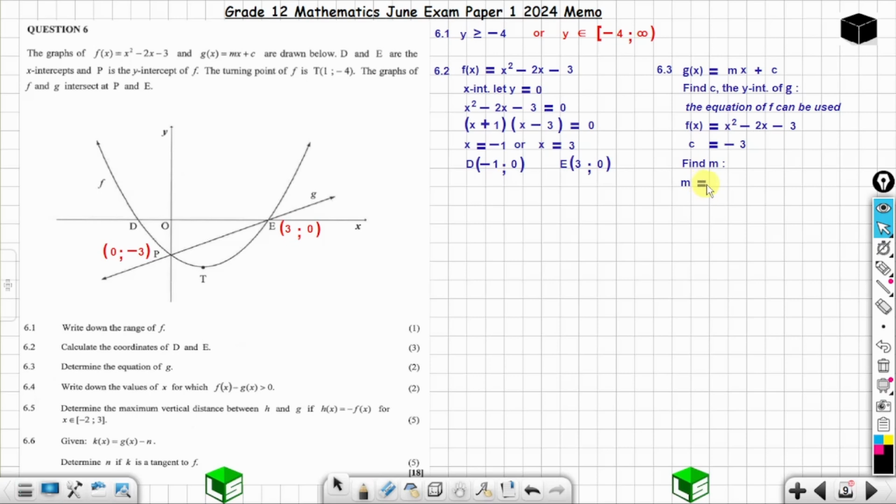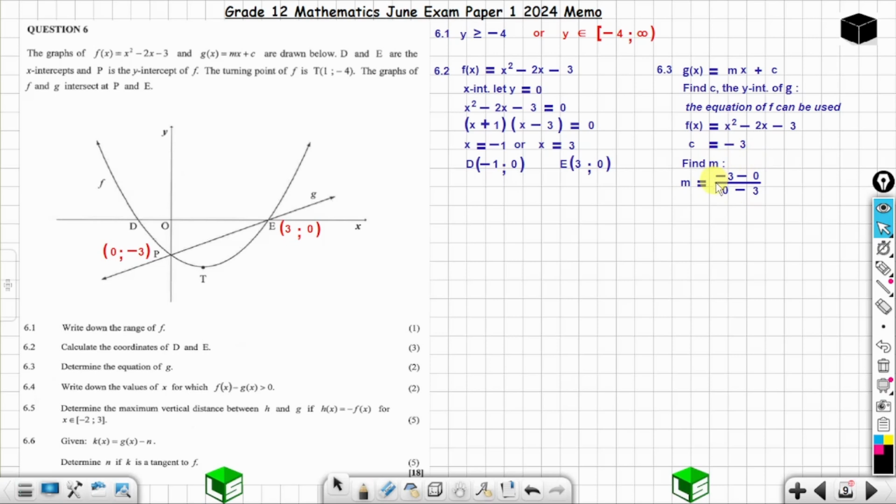So m is equal to the change in y over the change in x. You can start from P going to E, or from E going to P. I'm going to start from P going to E. So change in y, this is the second coordinate: -3 minus 0, over 0 minus 3.